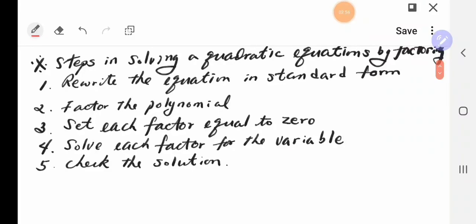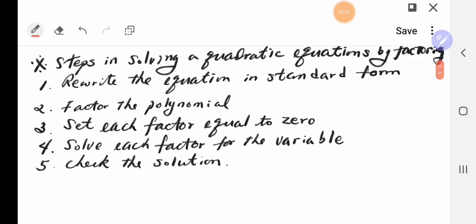The second step is, once you move all the terms to one side, factor that polynomial. Once you factor it, set each factor equal to 0, and then solve for the variable from each factor. Then that will be the solution.